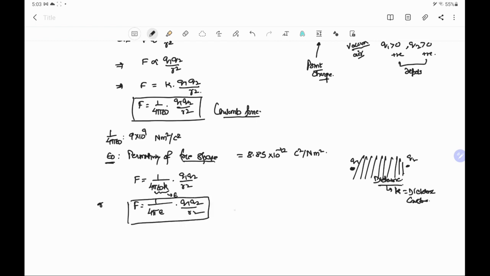Here epsilon is the permittivity of the dielectric medium, and K equal to epsilon R, that is equal to epsilon by epsilon naught. It is called the dielectric constant.